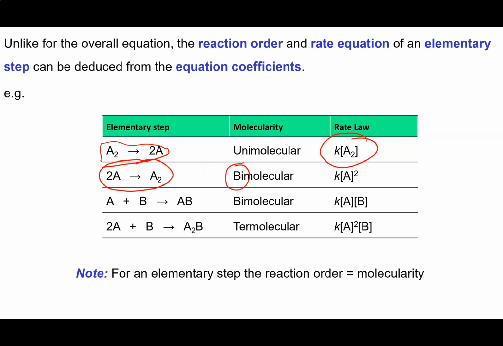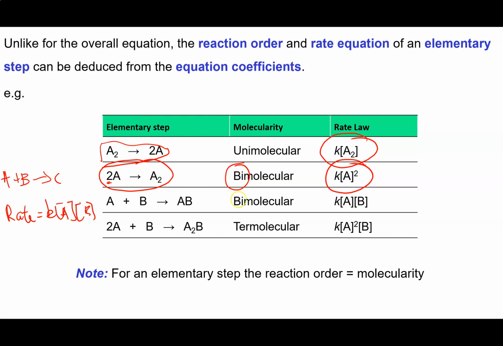Bimolecular elementary steps will be overall second order. Now in this case it's second order in one reactant because I've got two of the same particles, but if it was A plus B gives C, then my rate would be first order in each of my particles.